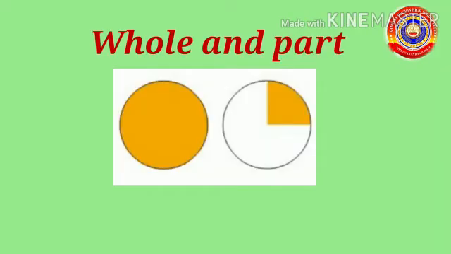Now we shall move to the next topic, whole and part. Here are two circles. One whole circle is colored and in another circle a part of it is colored. Then by combining these two circles, what is the colored part? The colored part is equal to 1 and 1 by 4.